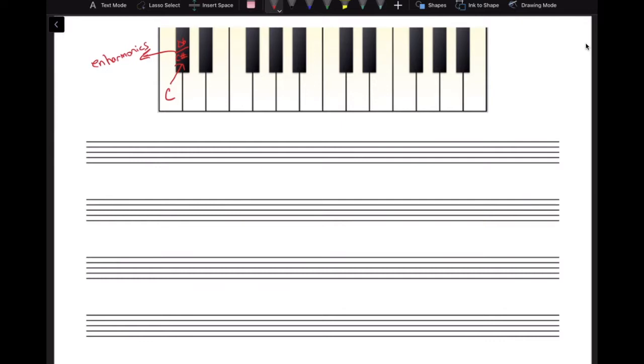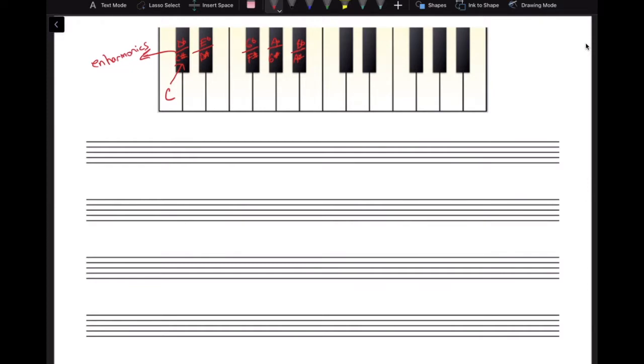It's a different name for the same sounding pitch. So those are enharmonics, C sharp and D flat. You have D sharp and E flat, F sharp, G flat, G sharp, A flat, then you have A sharp and B flat. Those are all the enharmonic pitches in the black keys.